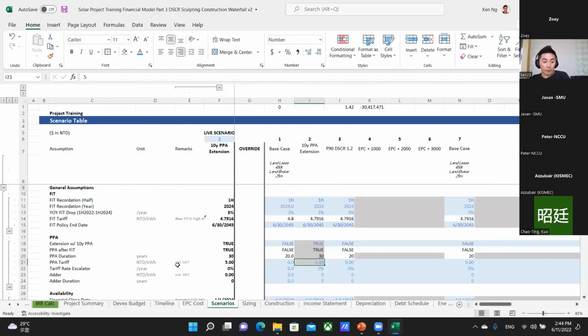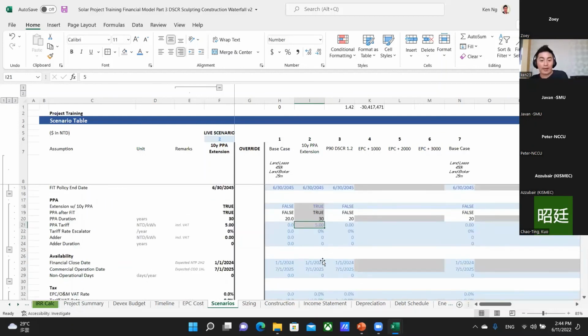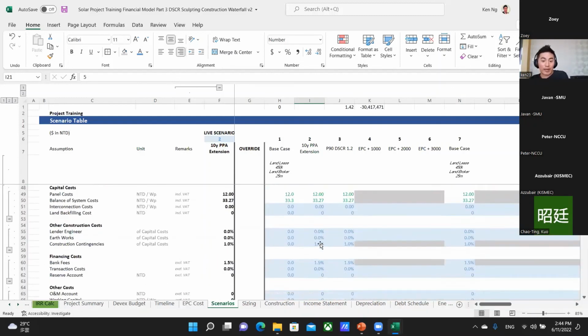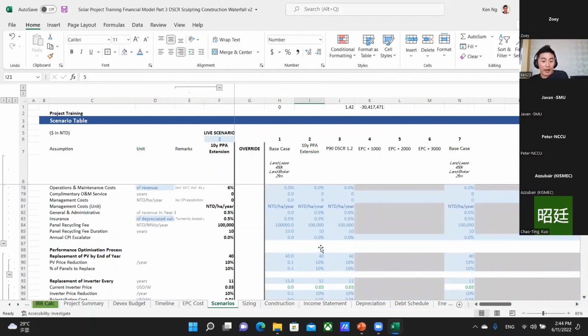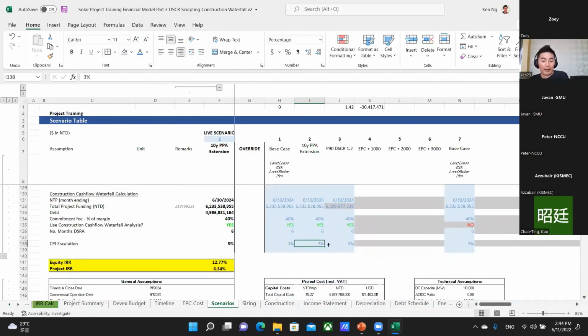And we're assuming, for example, that we're getting a tariff from either a TSMC or a Google at 5 NT per kilowatt hour. Right, but on the flip side, we also need to extend our land lease agreement with the landowners, right? Because we only signed a 20-year land lease. So we also need to negotiate for an extra 10 years on our land lease. And on that one, we're assuming that we're paying a 3% escalation.